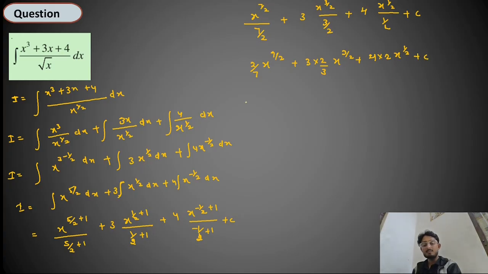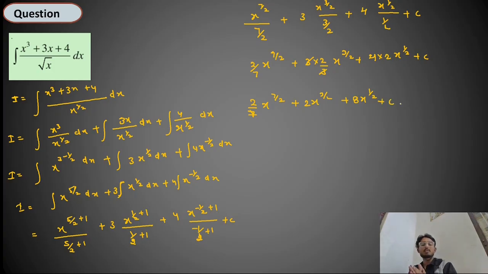So we will get 2 by 7 x to power 7 by 2 plus, here both 3 will cancel out each other, so we will get 2 x to power 3 by 2 plus 4 twos are 8 x to power 1 by 2. This is your final answer.